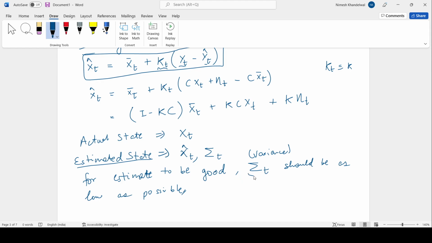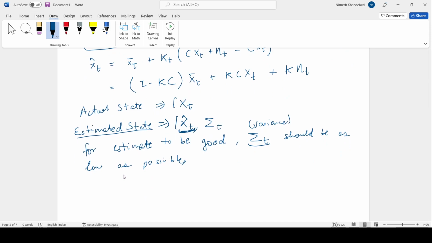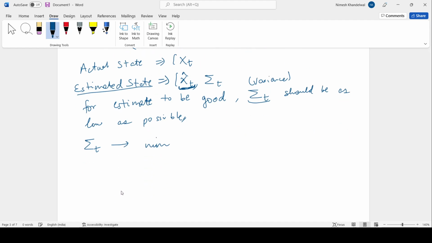Because if my variance is minimum, then I can be pretty confident that whatever is my x hat of t is actually a really good estimate of my x of t, the actual state. So essentially what I want is sigma of t to be minimum. But what is sigma of t?